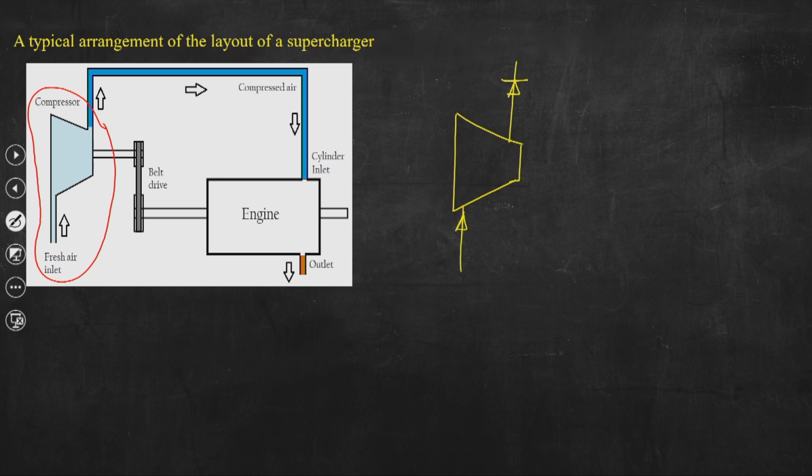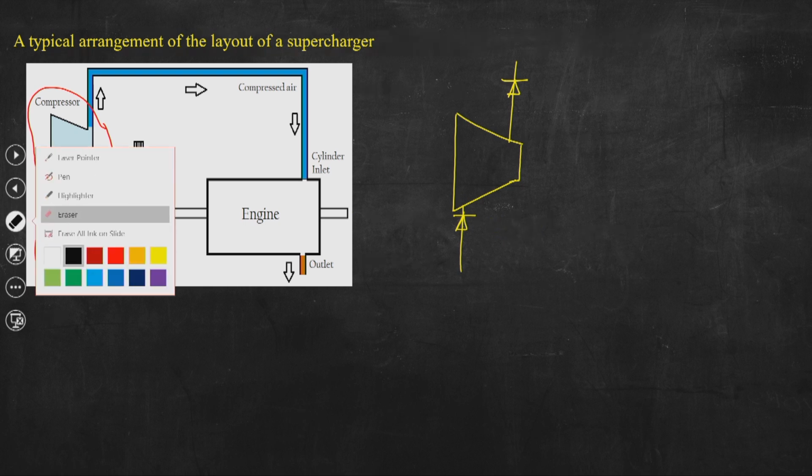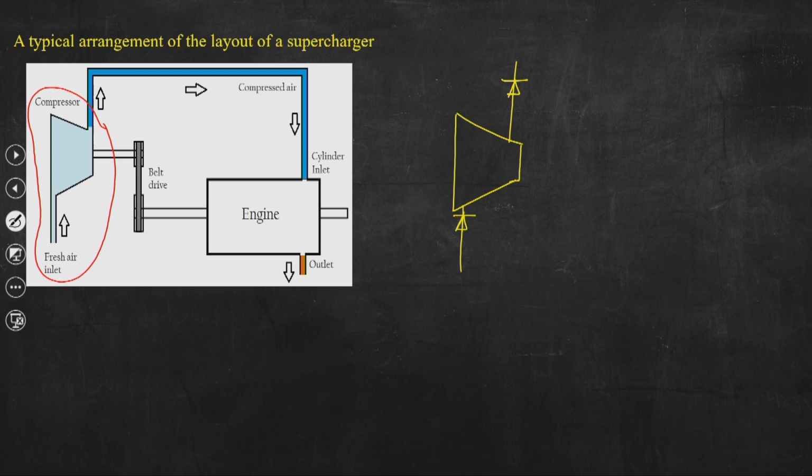So, this is the inlet condition, the inlet to the compressor, and this is the outlet of the compressor.